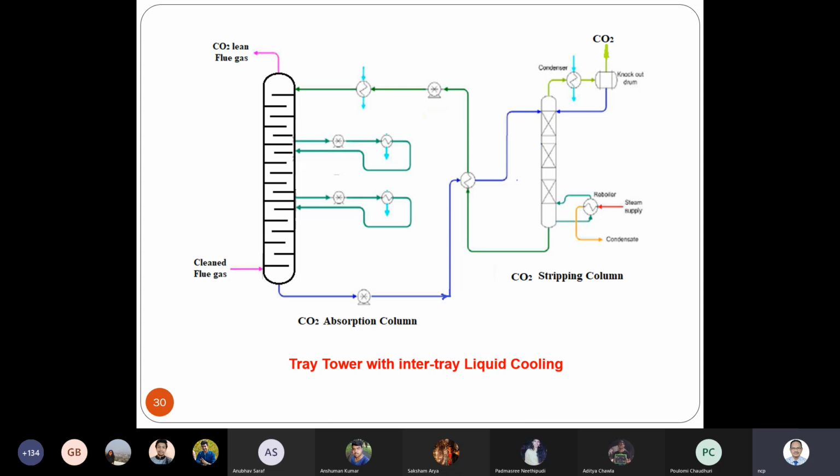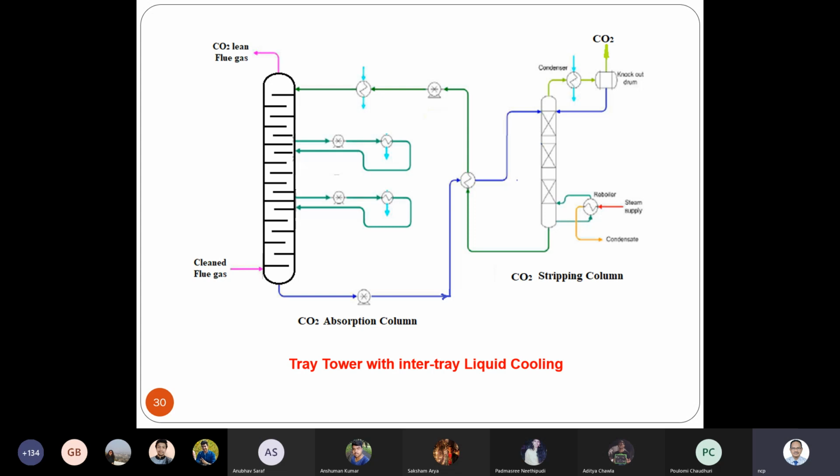At the same time we can regenerate the amine, because the reaction is reversible. If you just heat it to around 100 degrees centigrade, the CO2 will be released and the amine solution regenerated, and then you can recycle that for further absorption. So when we have a tray tower, we can have this type of interstage or intermediate cooling, inter-tray cooling.